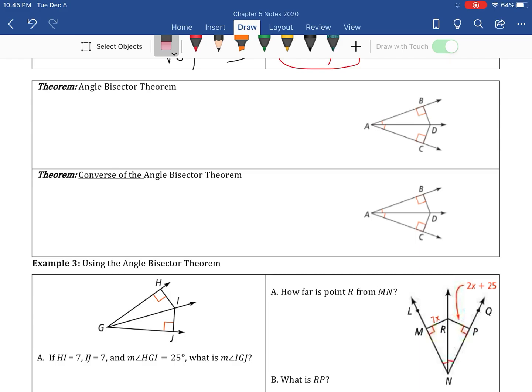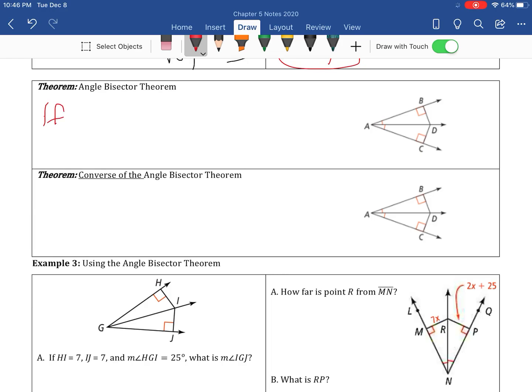What it says is that if AD bisects angle BAC and AB is perpendicular to BD and AC is perpendicular to DC, then I know that my two segments there are equal, BD and DC. So let's take a look here. I know that's a lot. Again, we'll just put an if-then, right?